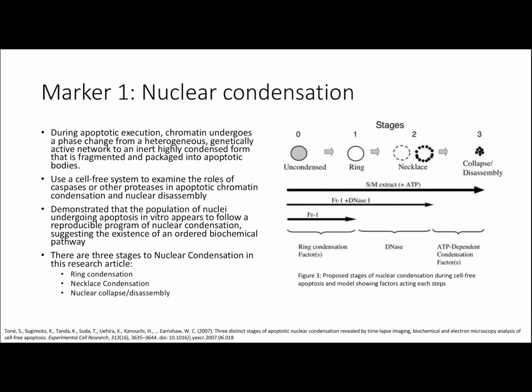Then the necklace condensation has to do more with the shrinking of the necklace into compact aggregates. And stage 3, which is the nuclear collapse or disassembly, has to do with ATP, which is really prevalent here, and that just shows the collapse and disassembly of the cell.